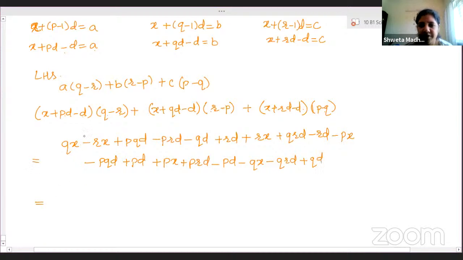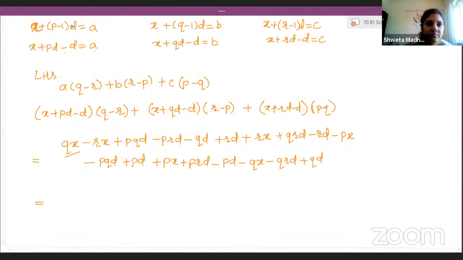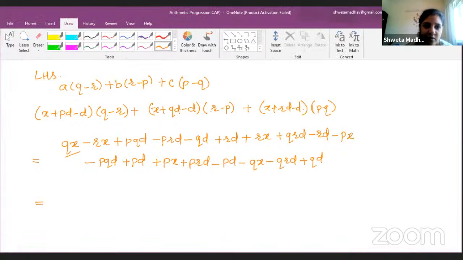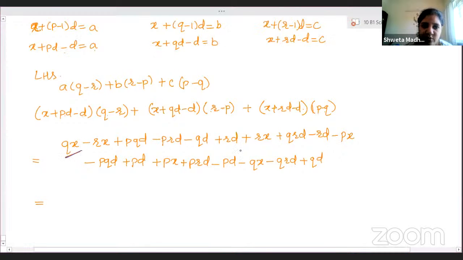Then check out the equal terms. Is there anywhere qx minus qx? This is plus qx, this is minus qx. Cancel. Minus rx, plus rx. Cancel. Plus pqd, minus pqd. Cancel.